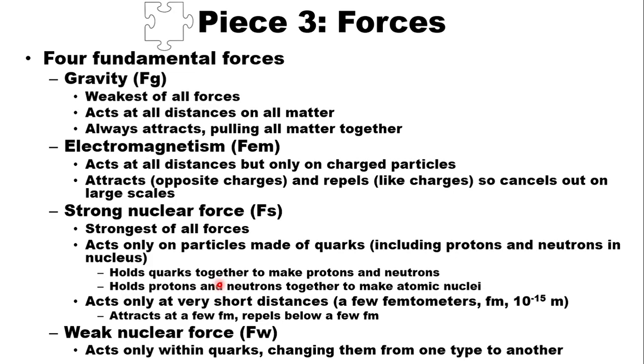Well, because it acts on quarks, it does 2 things. First of all, it holds quarks together to make protons and neutrons. So if the strong force holds 2 up quarks and 1 down quark together, we get a proton. If it holds 2 down quarks and 1 up quark together, we get a neutron. And then it also holds the protons and neutrons together to make the atomic nuclei.